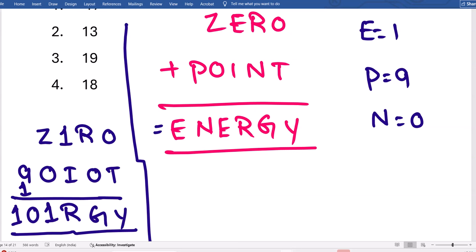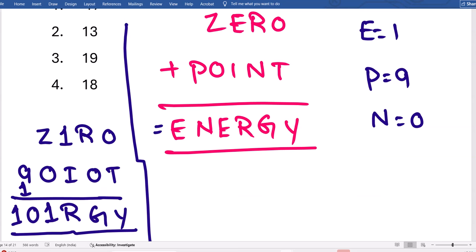Is any other letter you cracked? After this basic E1, P9, N0, any other letters? You can try regarding R letter, Z and O, or O and R letters. O is there in two places, Z two places.